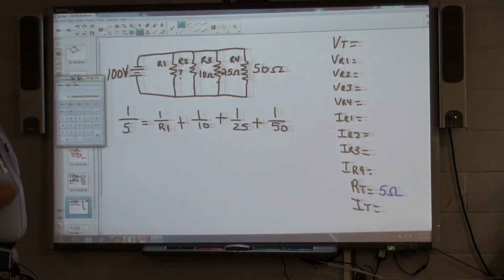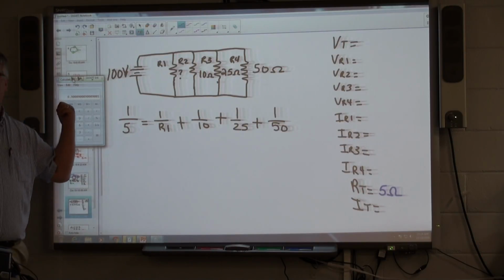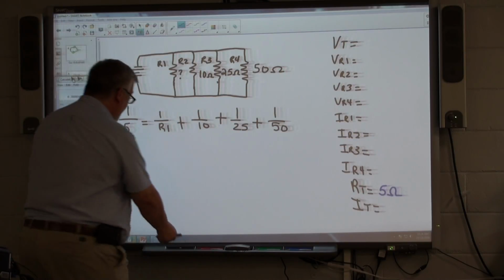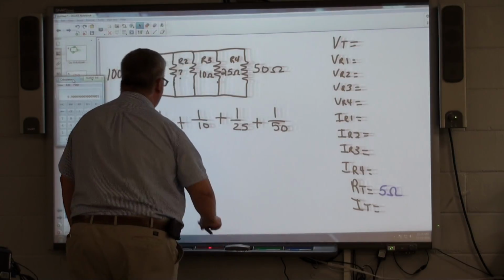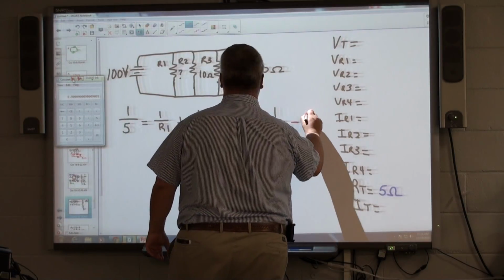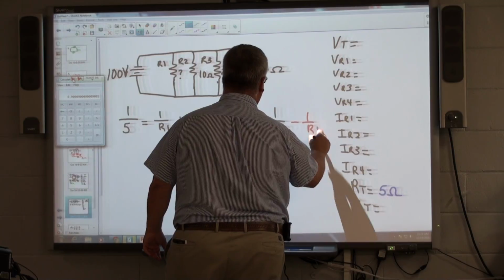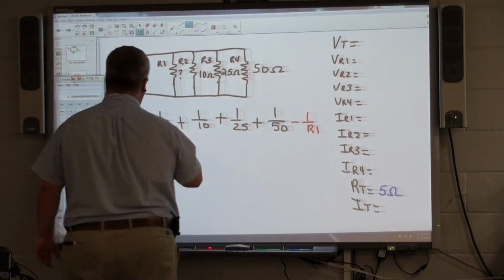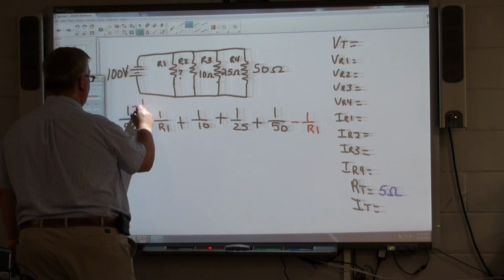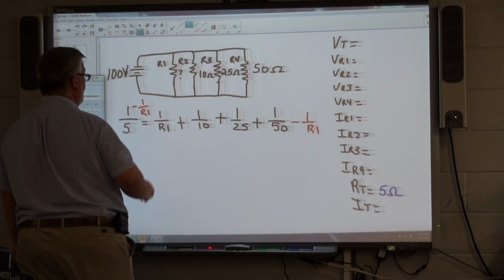So we're trying to solve for R1. So I need to get R1 over to the left side, right? Well, we can do this. Minus 1 over R1. And we can subtract minus 1 over R1 here, right?